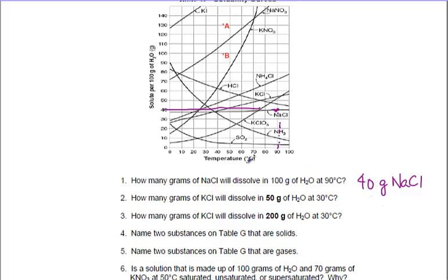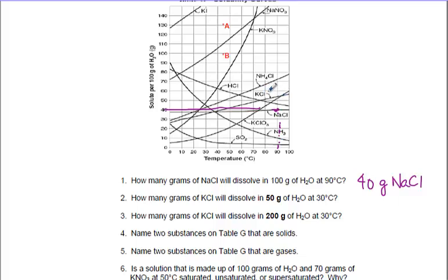Now the next question says, how many grams of KCl will dissolve in 50 grams of water at 30 degrees Celsius? We are talking about half the amount of water, so we have to divide by 2. We go to KCl and look for that curve, which is right here. Actually, it's a nice straight line, not so much a curve.